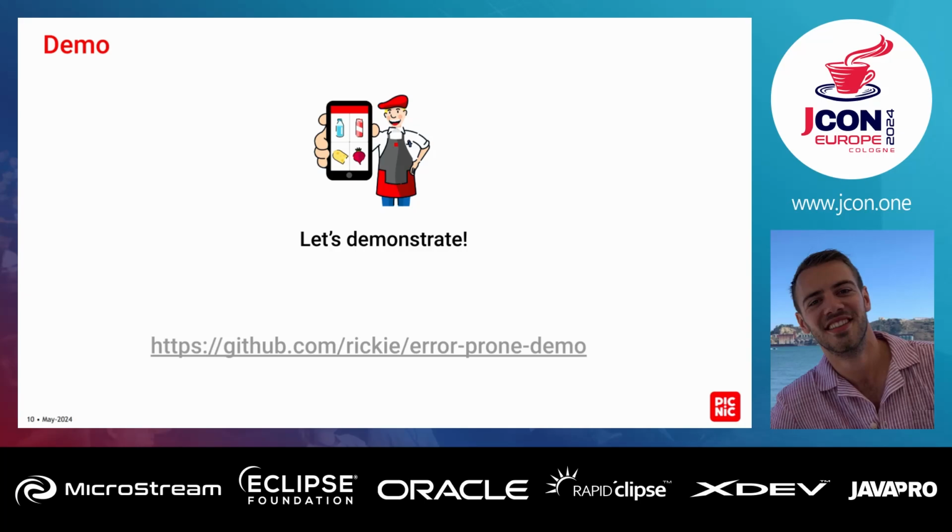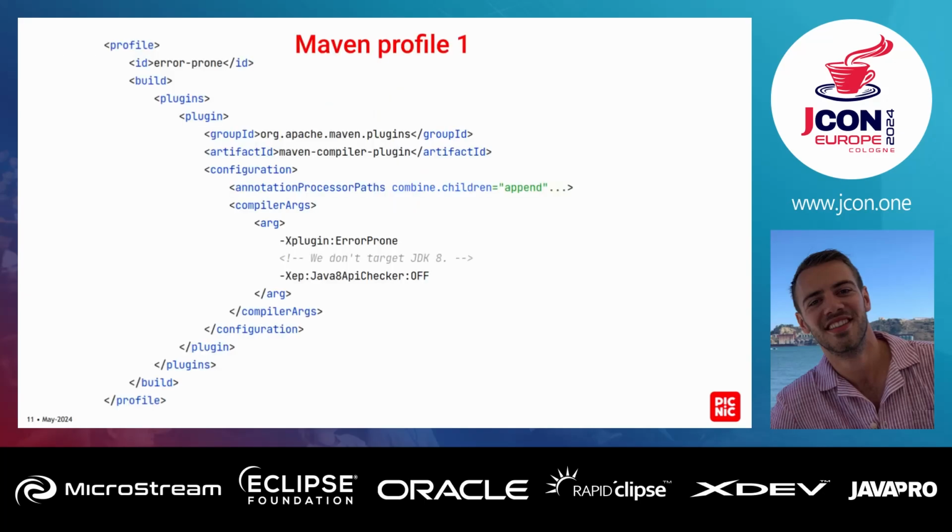There are two profiles, and the first profile is the error-prone profile. Again, we have our normal Maven build, and if we pass the -Perror-prone flag, which we'll see in a second, then this additional configuration is added on top of our build. What we see here is that we hook into the compiler by saying, hey, we want to use the Maven compiler plugin, and with this parameter we say, okay, we enable Error Prone.